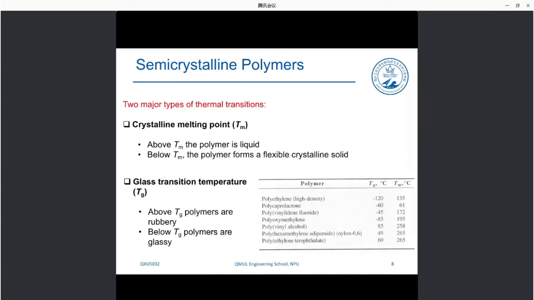For the glass transition temperature, though, we said that above the glass transition, the materials become soft, okay? They become rubbery. By saying rubbery, in this case, we mean soft, okay? So from stiff, they become softer. And below the glass transition, the polymers become glassy, okay?